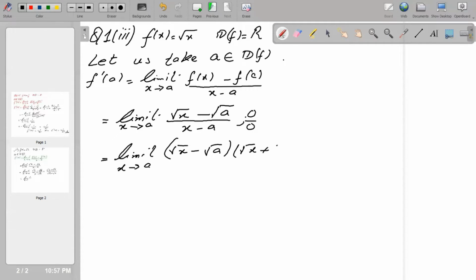So square root of x plus square root of a, divided by x minus a, multiplied by square root of x plus square root of a. So here we have a minus b and a plus b, which is equal to a square minus b square.